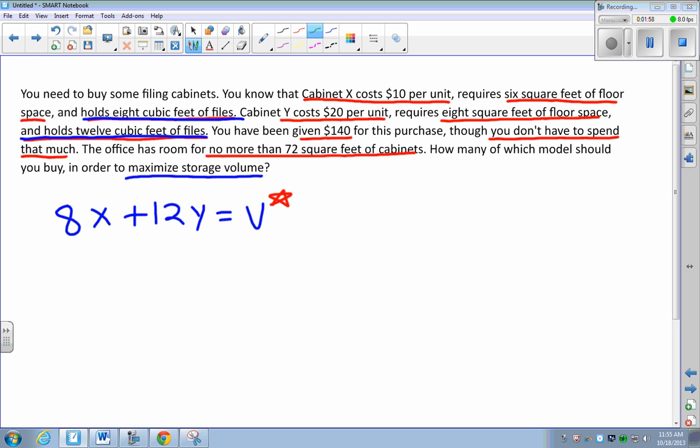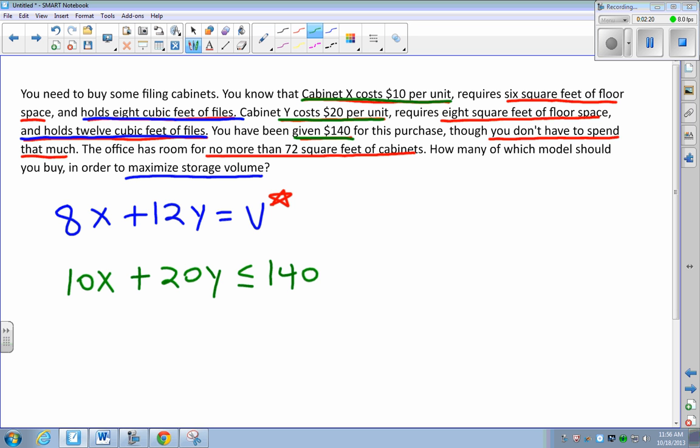So here, cabinet X costs $10, Y costs $20, and we're given 140. So you can set up an inequality, 10x plus 20y is less than or equal to 140. Now it's less than or equal to because we don't have to spend all of it.